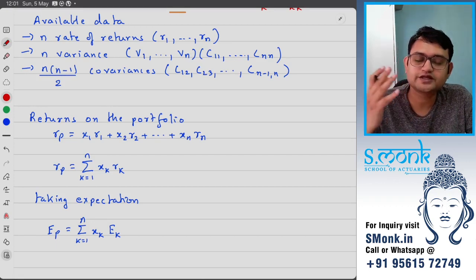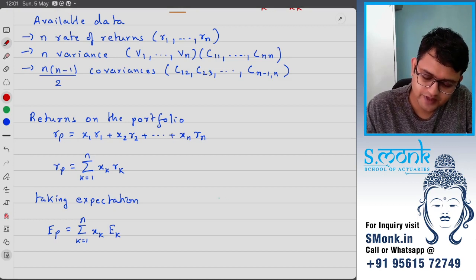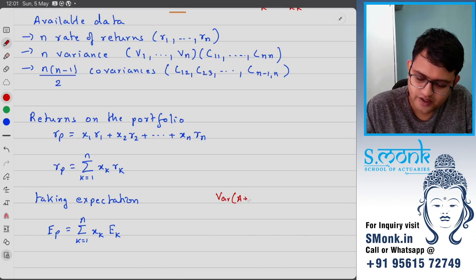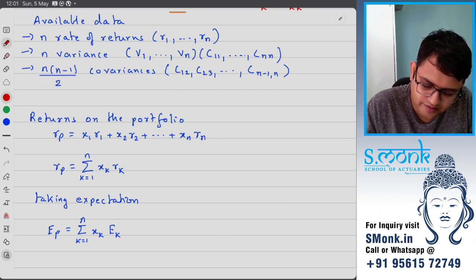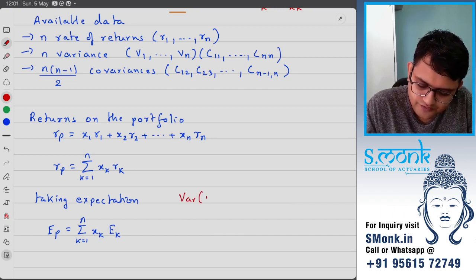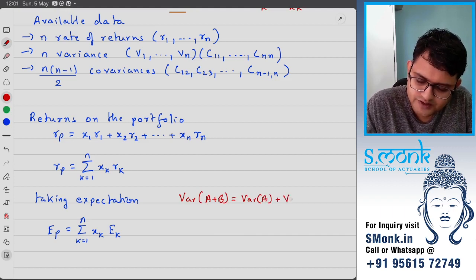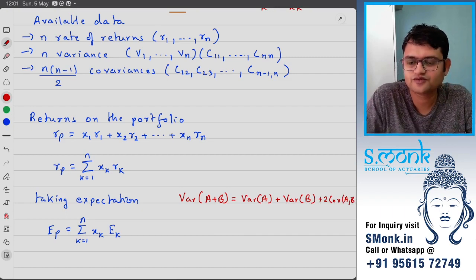Now for the risk factor, that's our variance. You should remember that variance of A plus B, I'll write it, variance of A plus B would be variance of A plus variance of B plus 2 times covariance of A comma B. This is the formula.